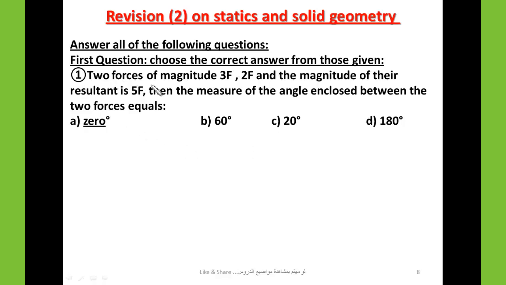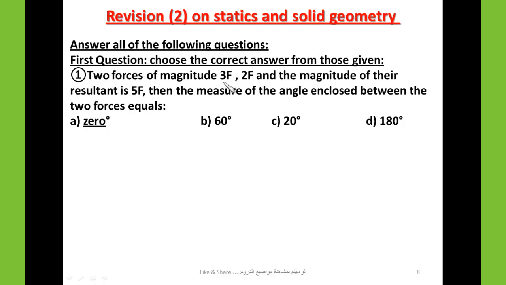1. Two forces of magnitudes 3F and 2F, and the magnitude of their resultant is 5F. Then the measure of the angle enclosed between the two forces equals 0, 60, 120 degrees, or 180 degrees. Note that the resultant is 5F.